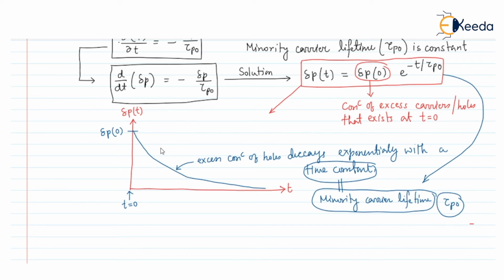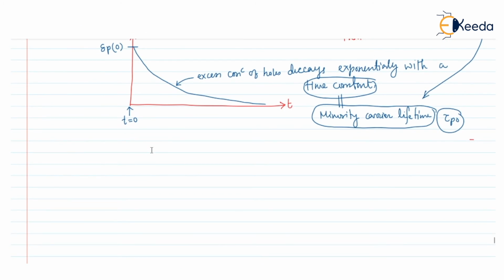Now, according to the charge neutrality condition, we have found that delta p of t was delta p0 e to the power minus t divided by tau p0.